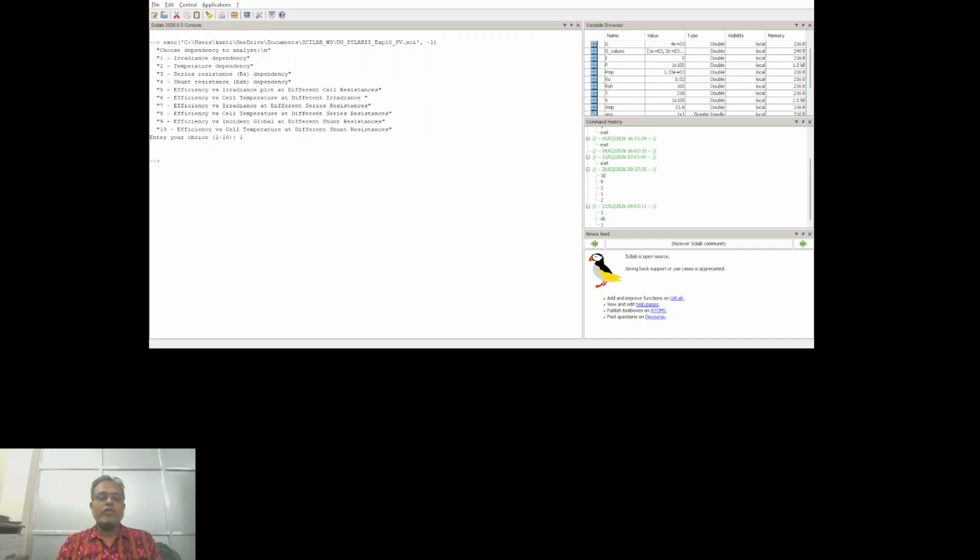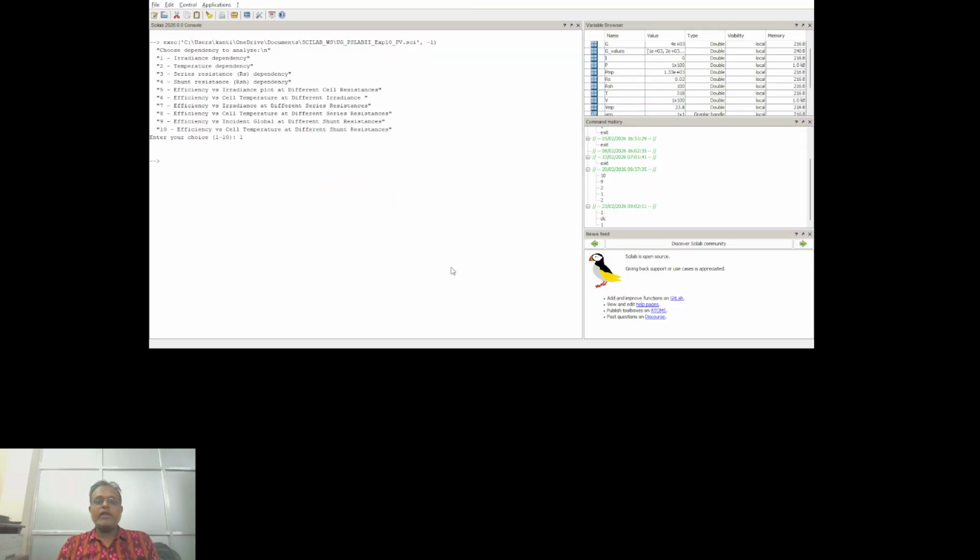I'll show you one such graphic window. You see, this is one such dependency, the irradiance dependency. You are encouraged to experiment on this.